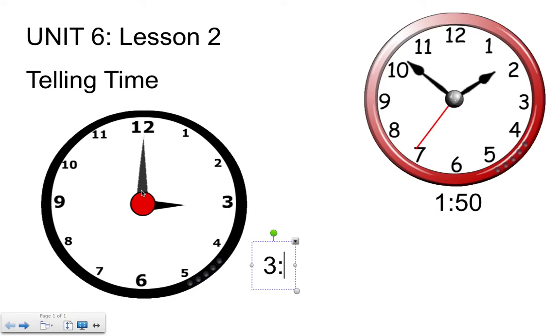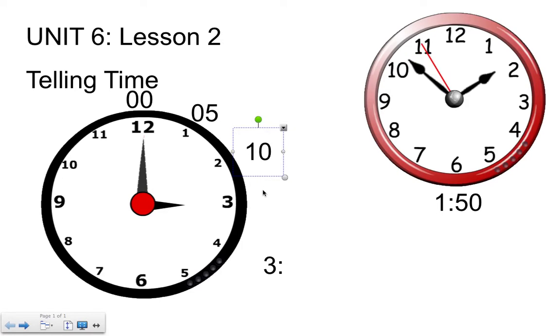Now I'm going to look at the longer hand, which is the minute hand. Because it's at 12, 12 is actually 0. Okay, I'll put that up there. If it was at the 1, it'd be 05. This would be 10. This would be 15. This would be 20.